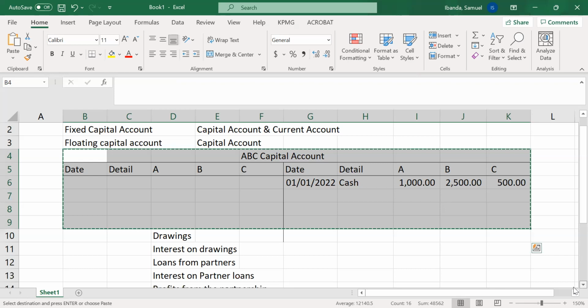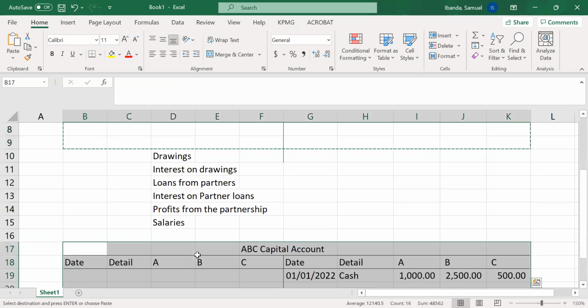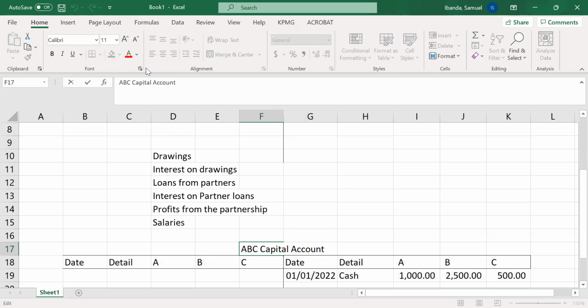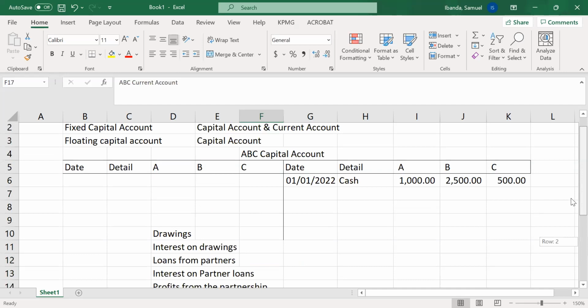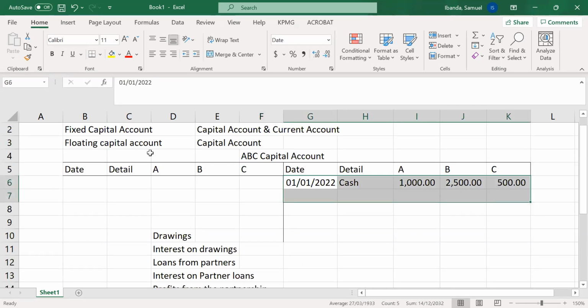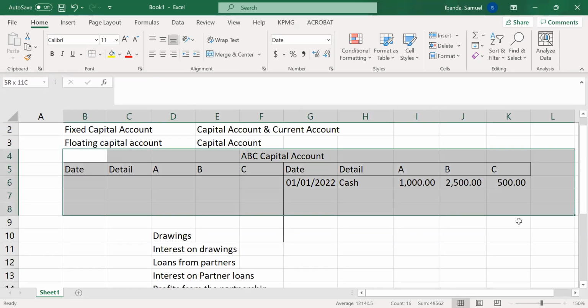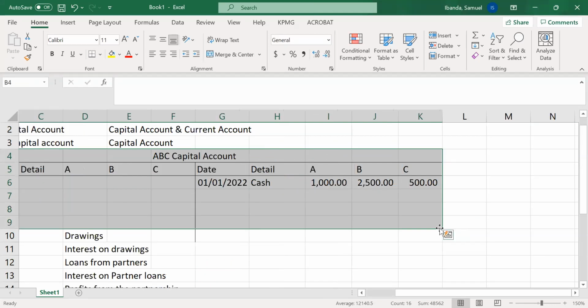So they will just have a current account to record the rest of the transactions. Any other transactions that relate to them and the partnership are now recorded in the current account. And that's why in that case, we call it a fixed capital account, because this account will not change until maybe a partner contributes money. So there will be nothing else posted in this account.